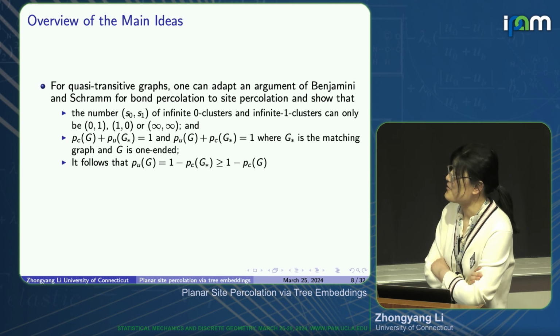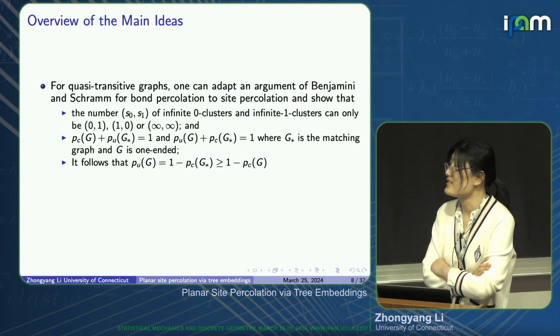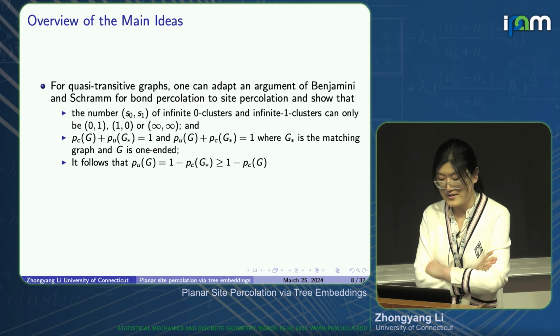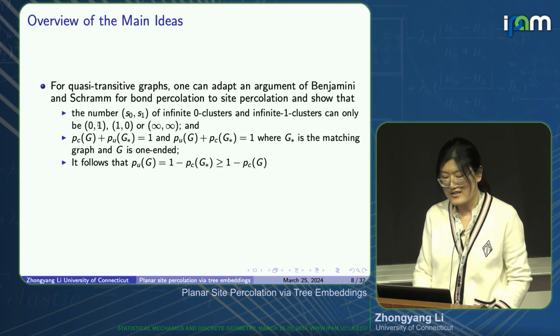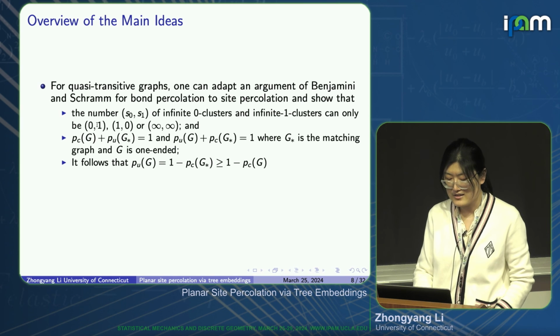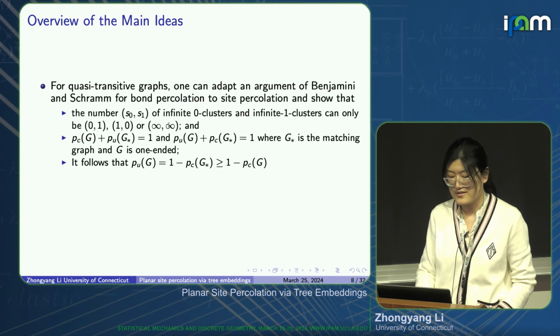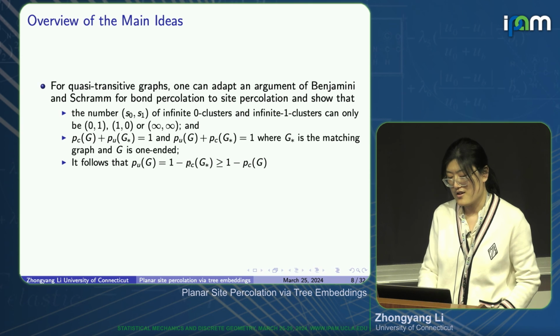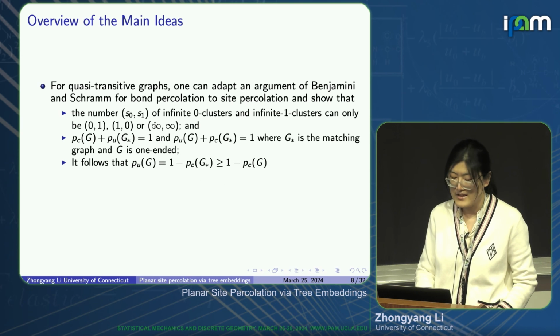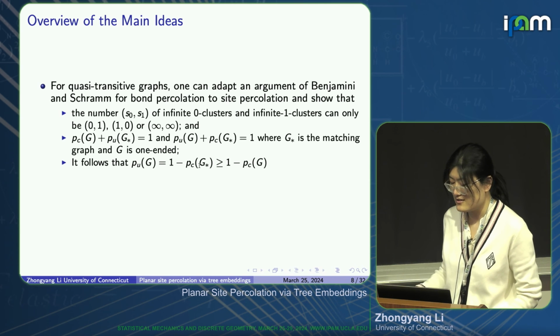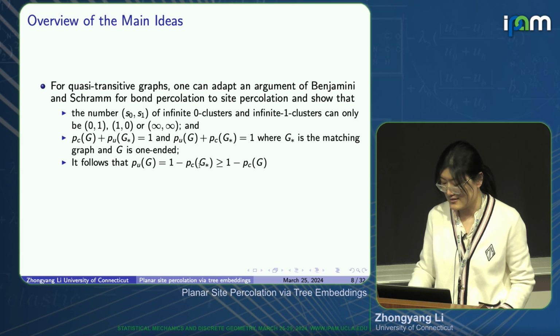And in that interval, we must have infinitely many infinite clusters, because (S0, S1) must be either (0, 1), (1, 0), or (infinity, infinity). In that interval, we have both infinite zero clusters and infinite one clusters, so we must have infinitely many infinite zero clusters and infinitely many infinite one clusters.